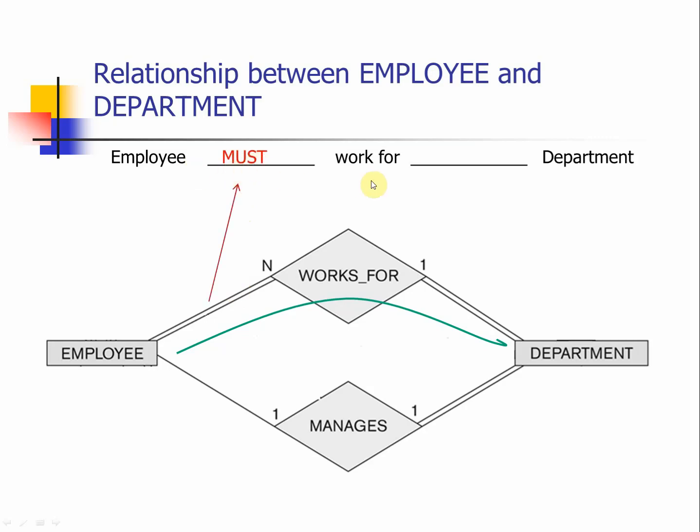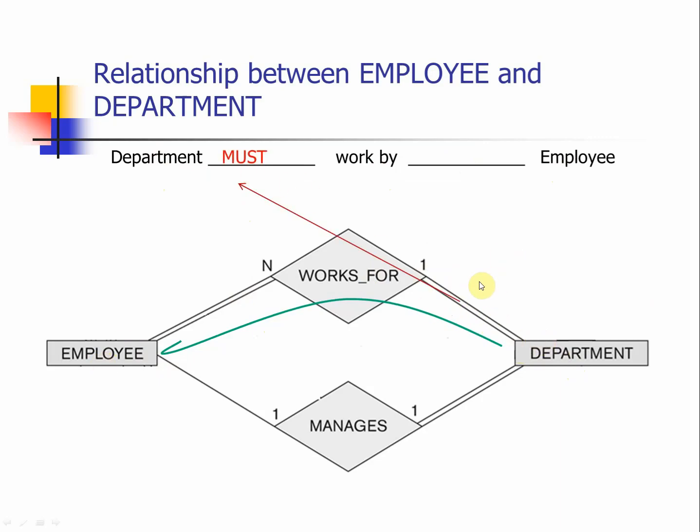Employee must work for, and because we have a 1 over here, it says works for one department. On the other side, if we look from department to employee, department is worked by employee, so we go from this direction back to the employee. Since we have a double line over here, we have the word must. Department must be worked by employee, and since we have N over here, indicating several employees.